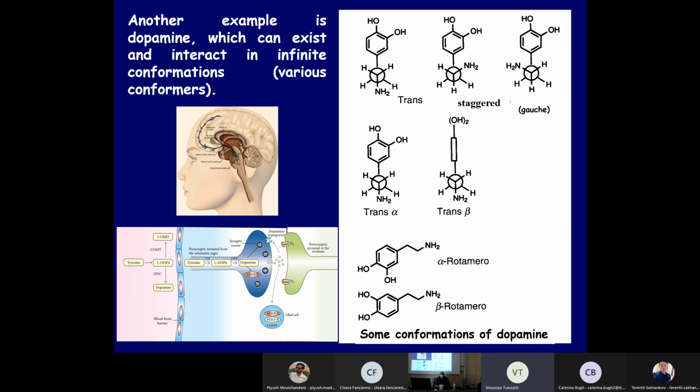In particular, in the substantia nigra, inside the brain, there are a lot of dopaminergic neurons. During Parkinson's disease, these neurons can die. We don't know why.